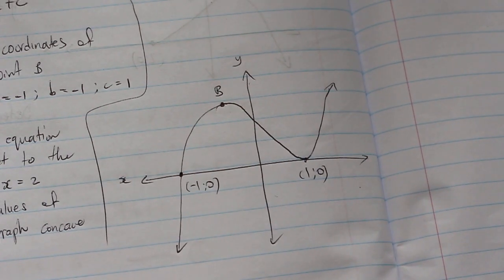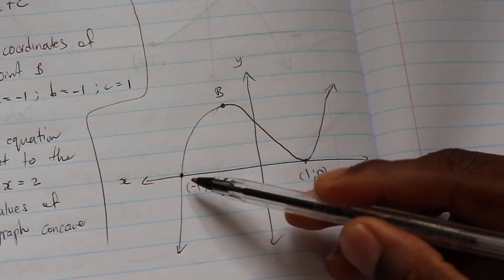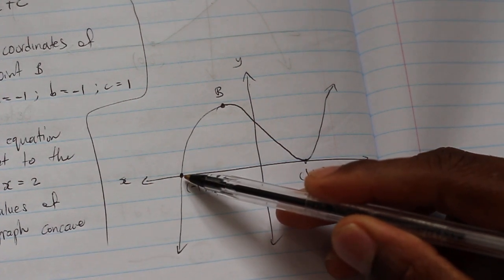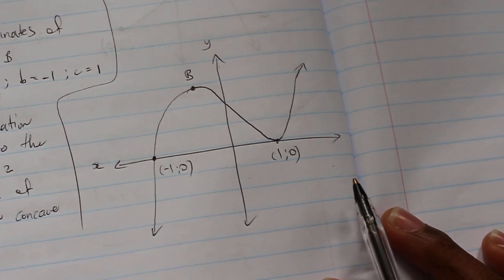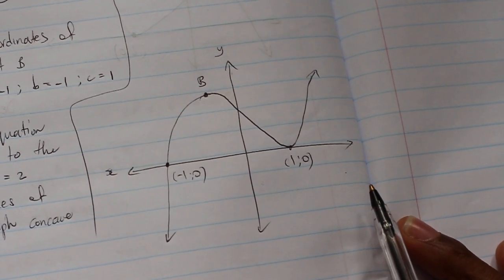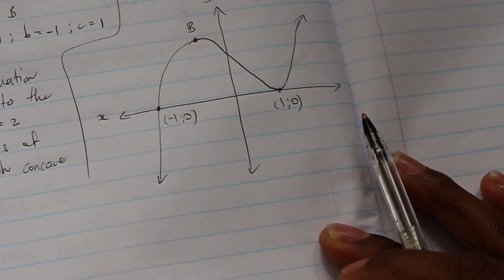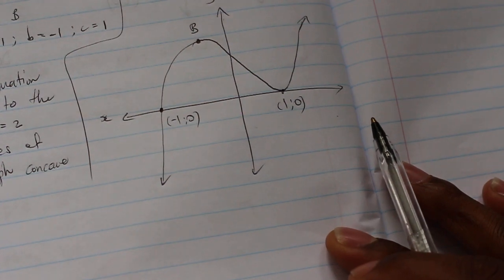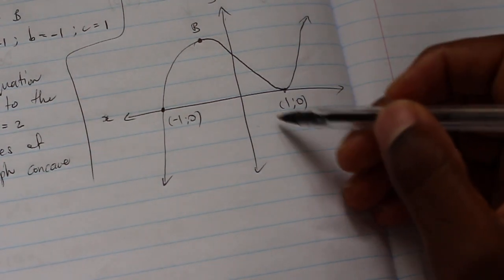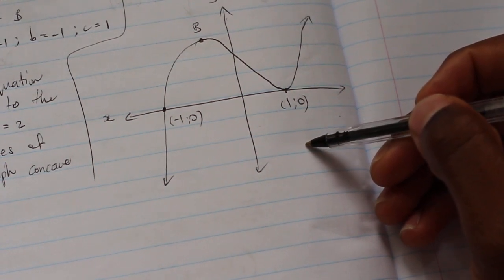Let's look closely at what we are given. We do have one turning point. We also have a root. So let's see how we can work this out. How can we find a, b, and c? Remember, this turning point here is also the root.